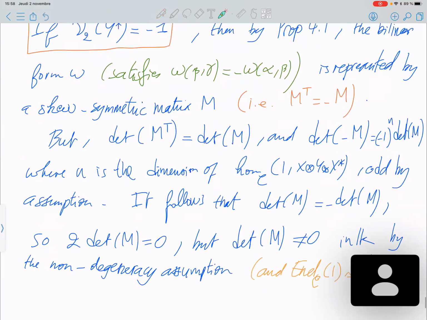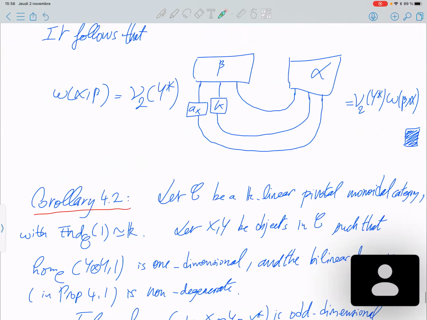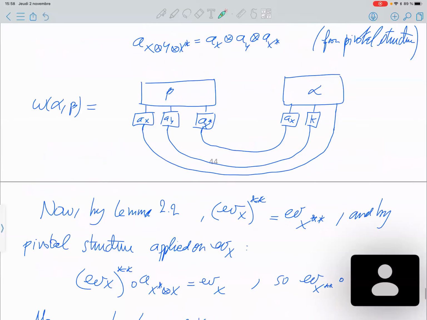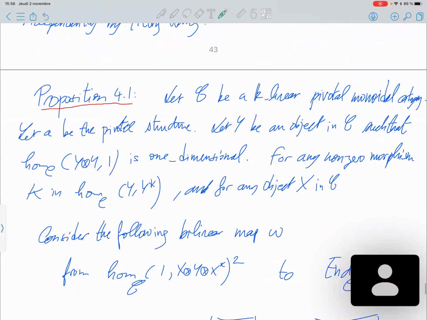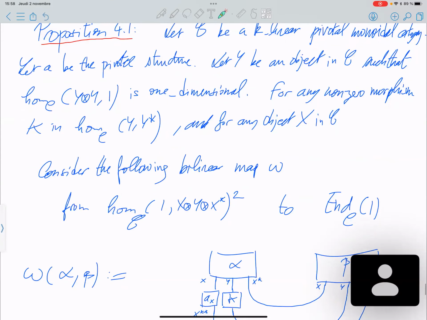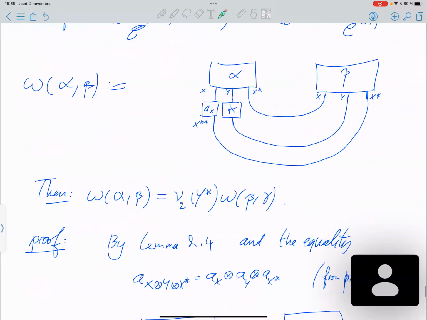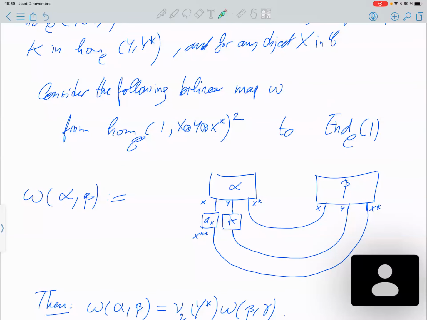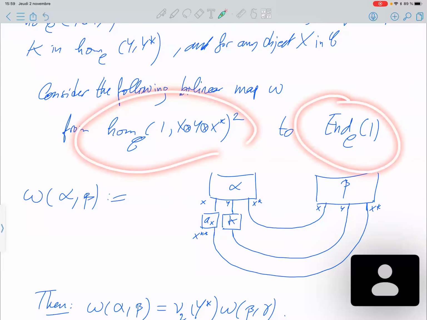So maybe it is related to the statement of proposition 4.1. Here you require, so it's a bilinear map. I see. So this is a bilinear map between that and that.